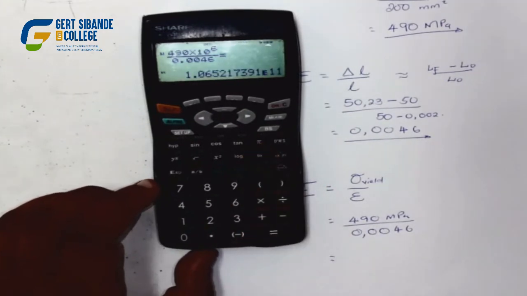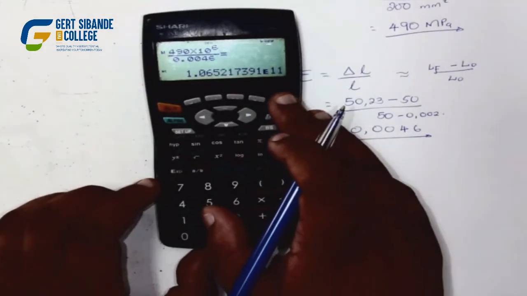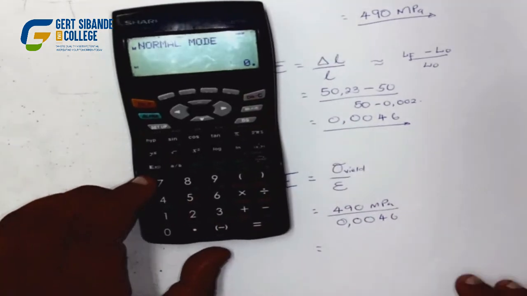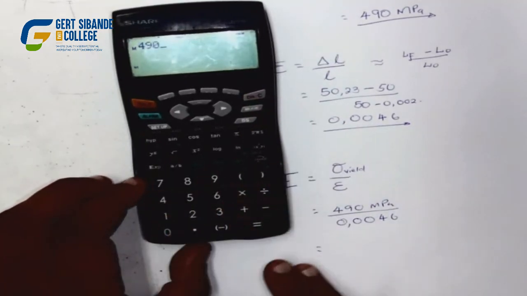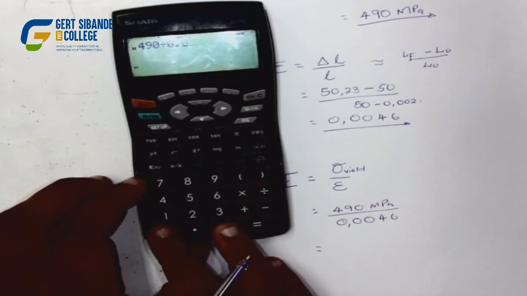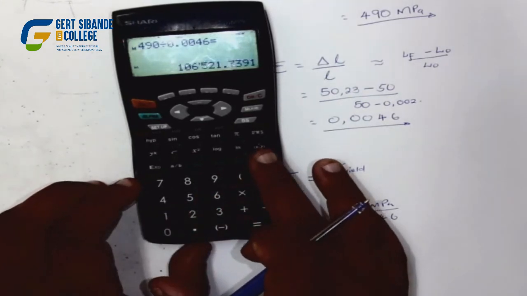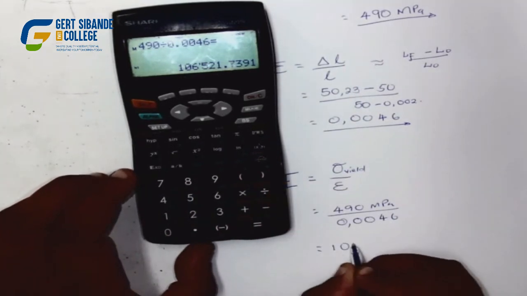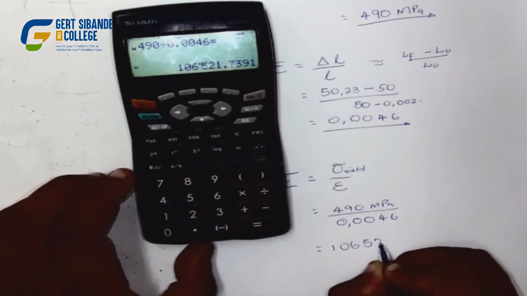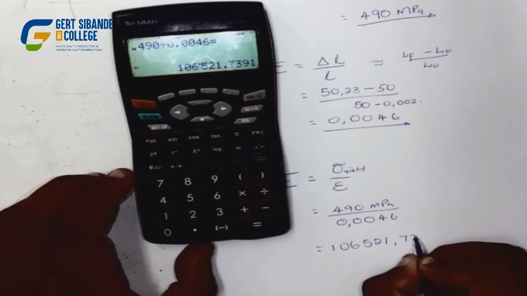Punching in 490 divided by 0.0046, that will give me 106,521.7391 megapascals.